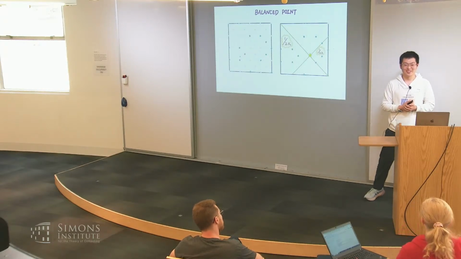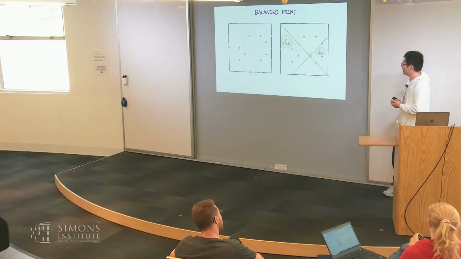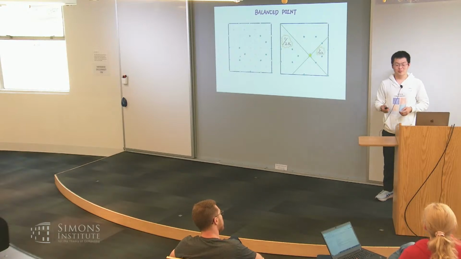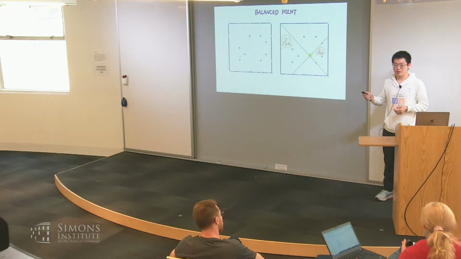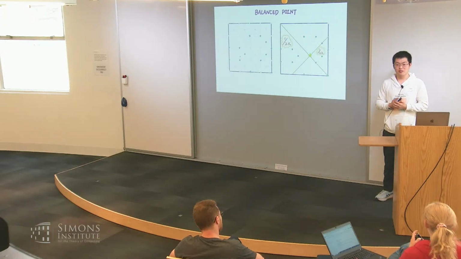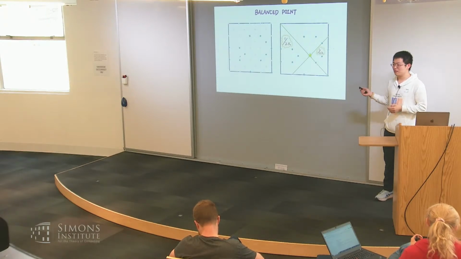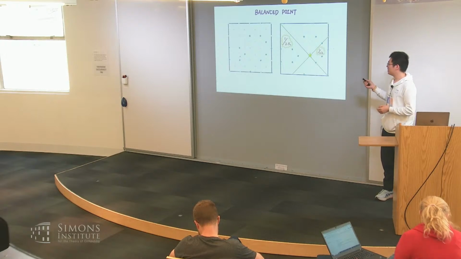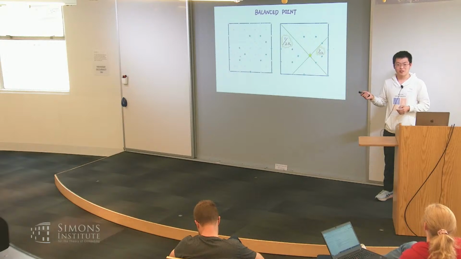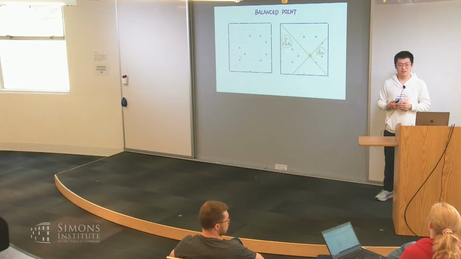We didn't really do hard work on optimizing this algorithm for finding the balanced point. But there do exist some very nice structures where you can hope for a better algorithm. A probabilistic algorithm is one choice.